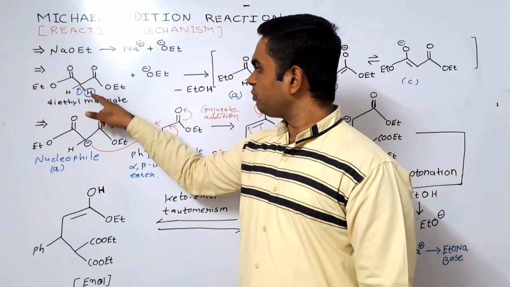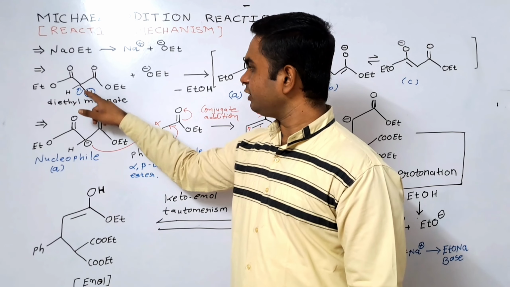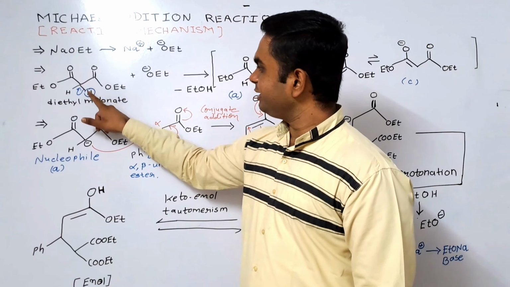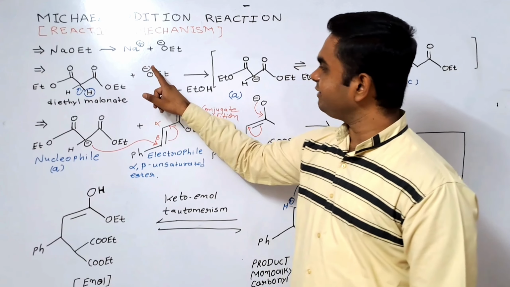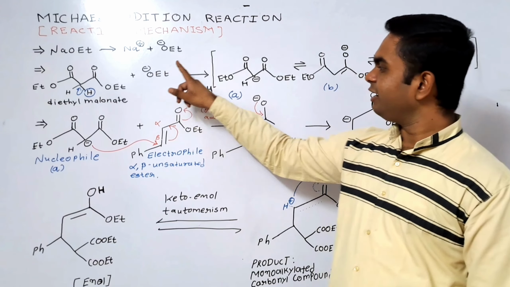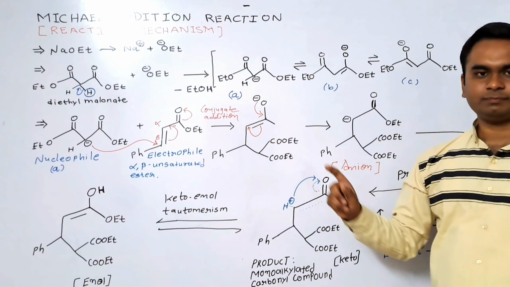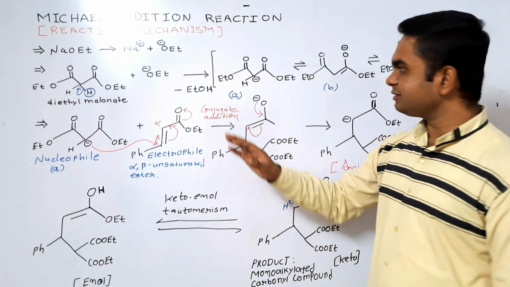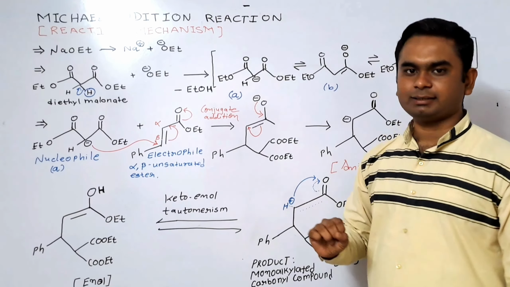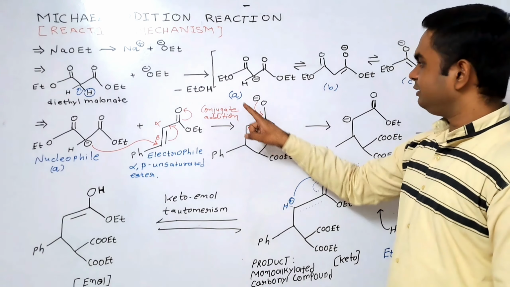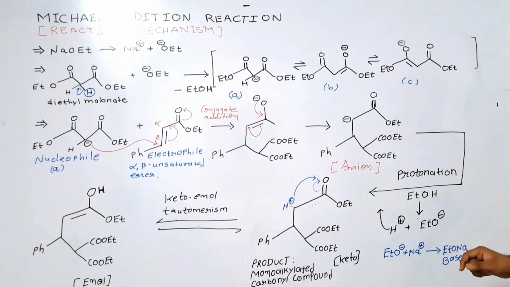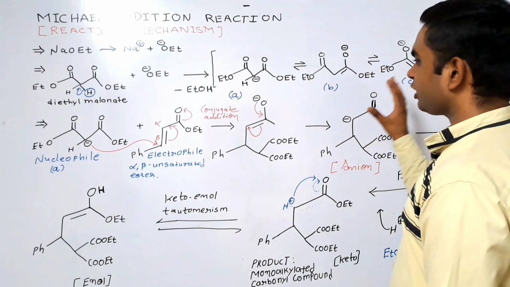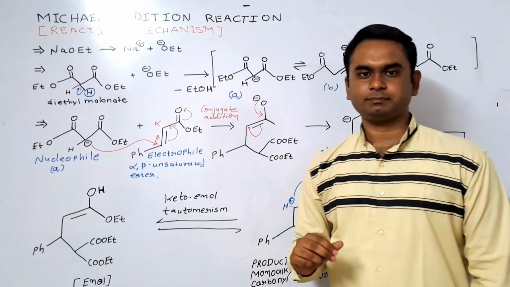Here the electrons of this bond will be transferred onto this carbon. This H plus will react with this ethoxide ion and make ethanol. By removal of ethanol, we get such a nucleophile. Here A, B and C are the three resonance structures of the nucleophile.